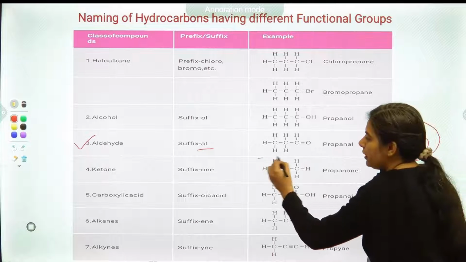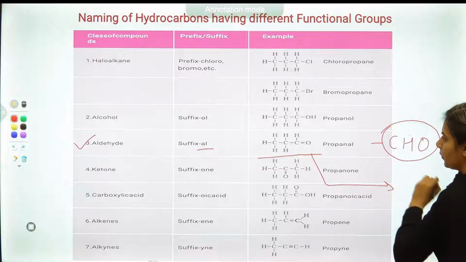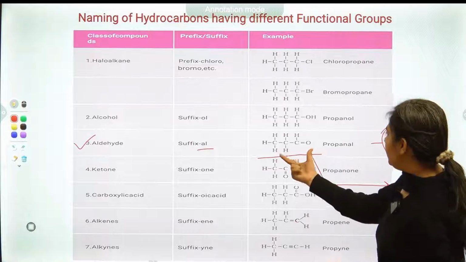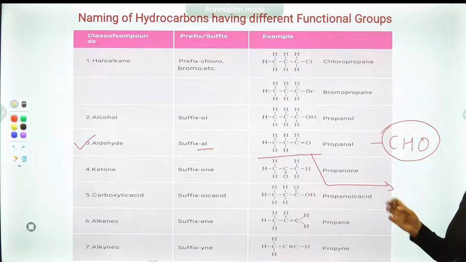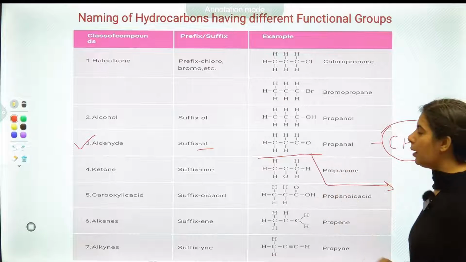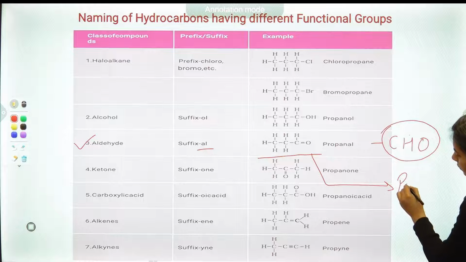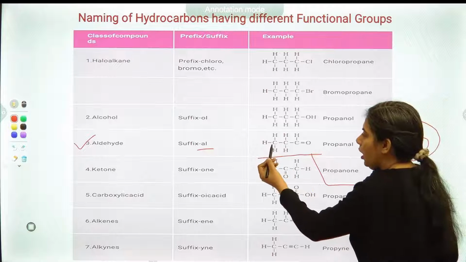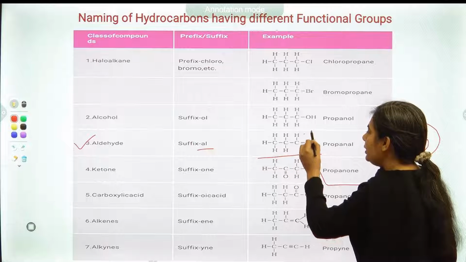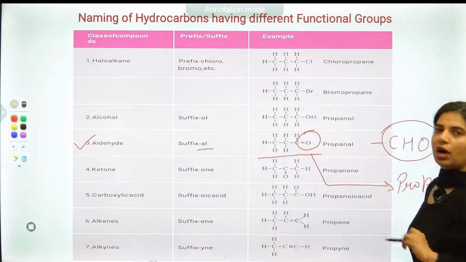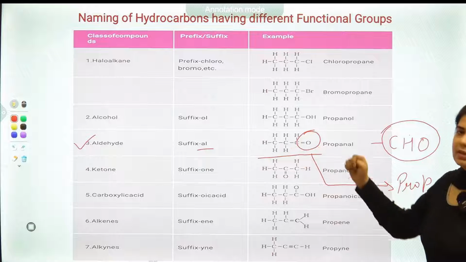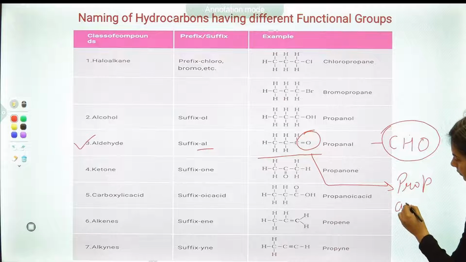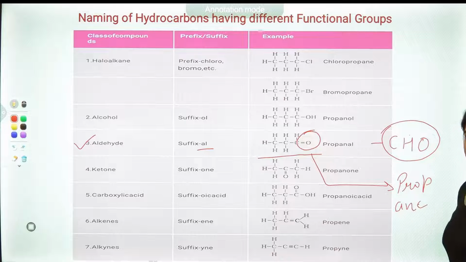If I talk about the example here, firstly, we have to see number of carbons. And here, in that case, we are having 3 carbons. And for 3 carbons, we will write prop. And here, all the carbons except our functional group are having single bond. And for single bond, we will write ane.